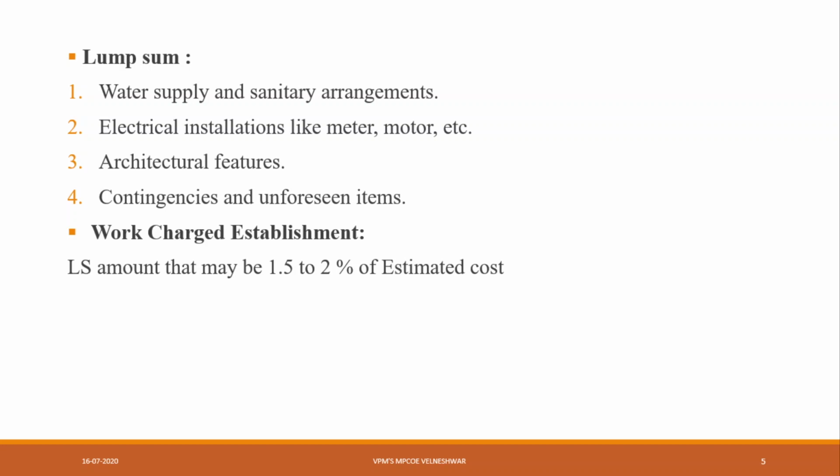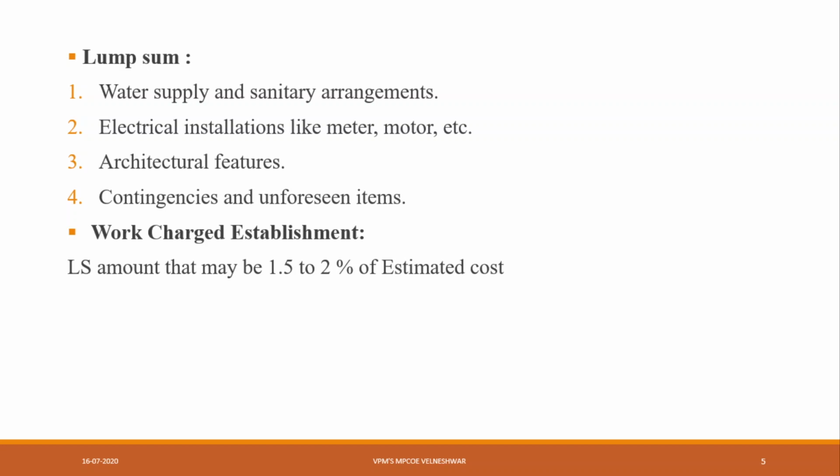And architectural features, suppose you are planning for a bungalow and in the initial stage your elevation is something else, and after 2 to 3 months an idea comes to your mind and you have to change your elevation, right? But after changing the elevation there may be architectural changes in your plan, so you have to pay for that. These are unplanned items, so we are keeping some amount for that, called a lump sum amount.